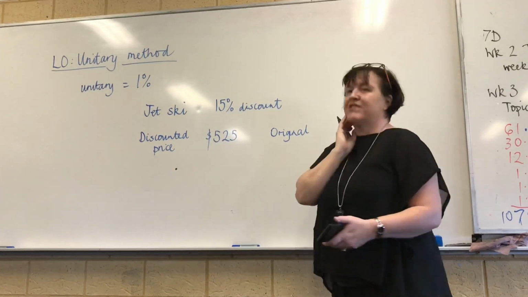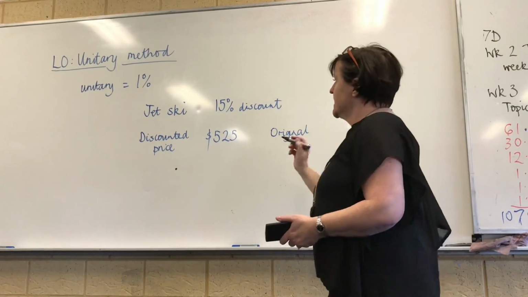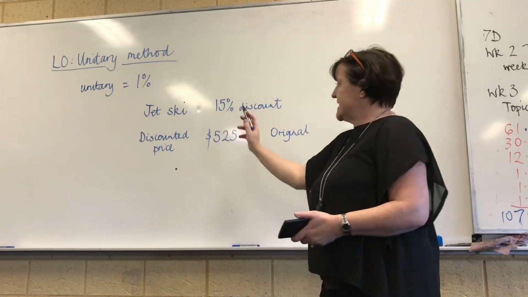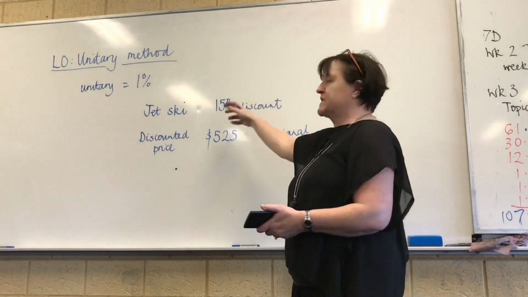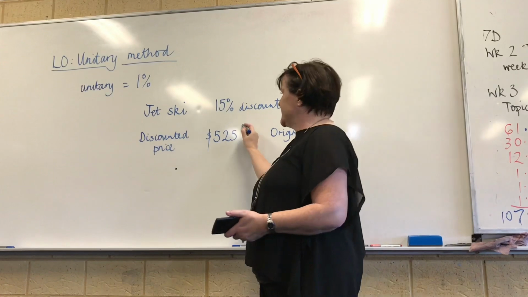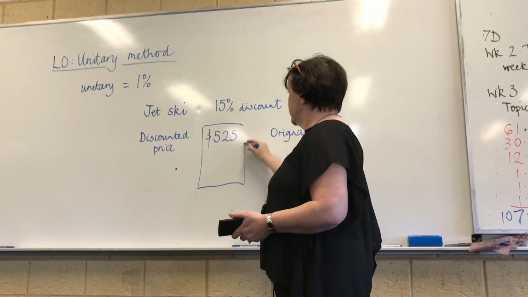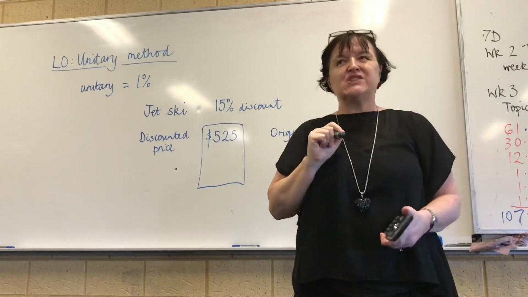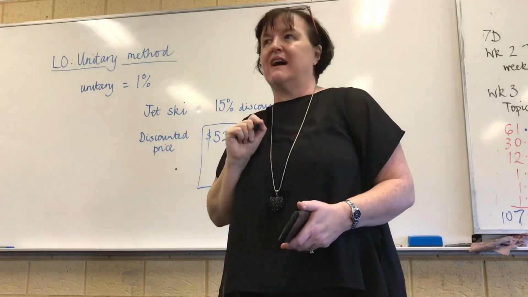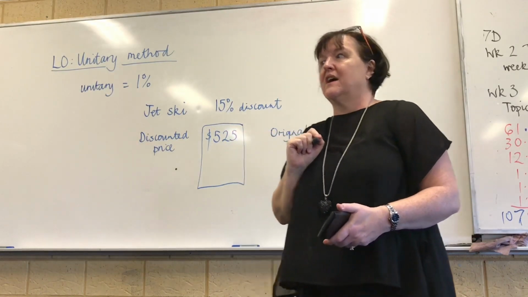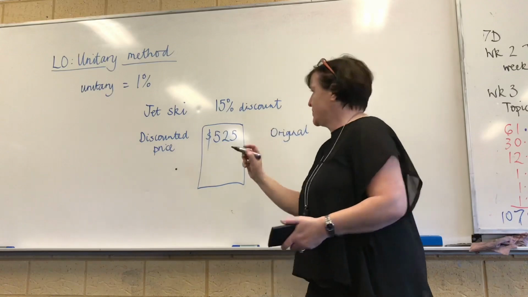Jeswyn? You divide 425 by 15. Right. Have a think about this. The jet ski, the discounted price, it was 15% off the original. So that discounted price, what percentage of the original price does it actually represent? 85%, isn't it?